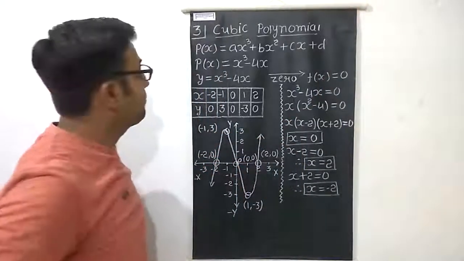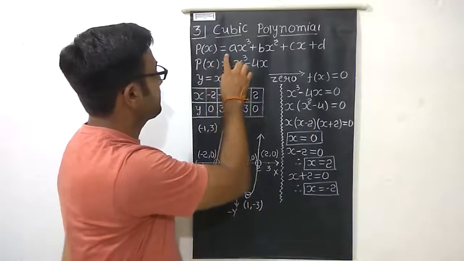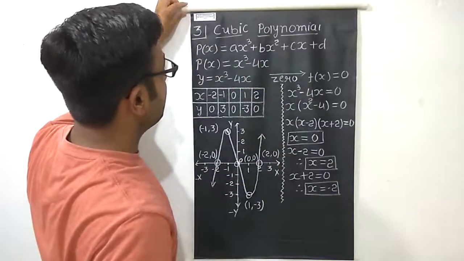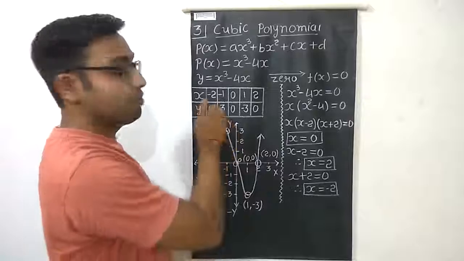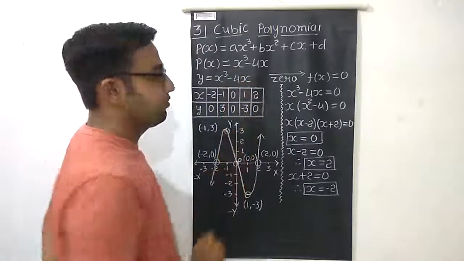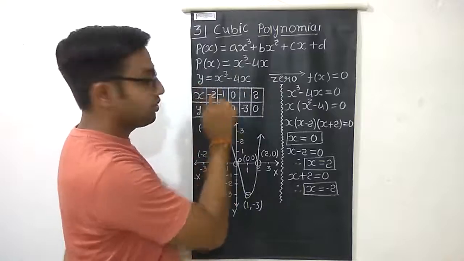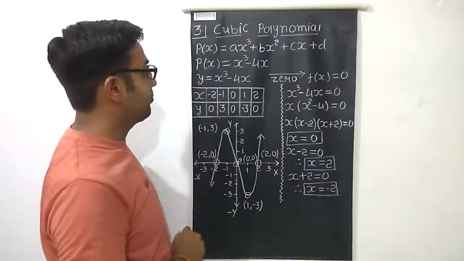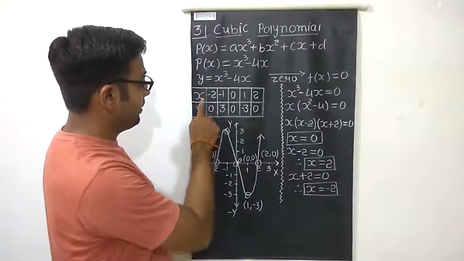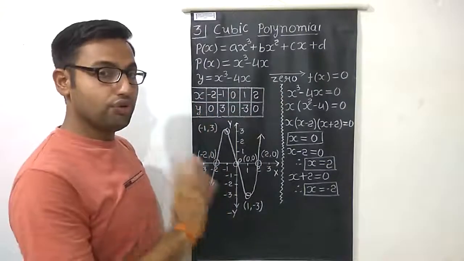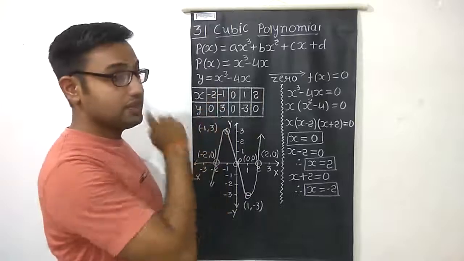The standard form of a cubic polynomial is p of x equals ax cube plus bx square plus cx plus d. One example is x cube minus 4x. Taking this as y, the same way we did for the quadratic polynomial, we get different values of x and y. These are the values. You know very well how to find these values.